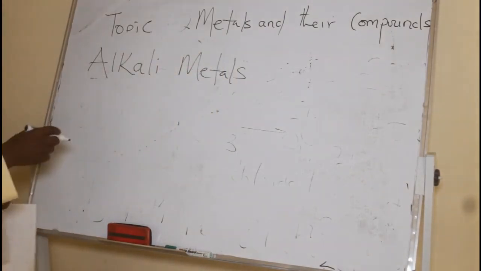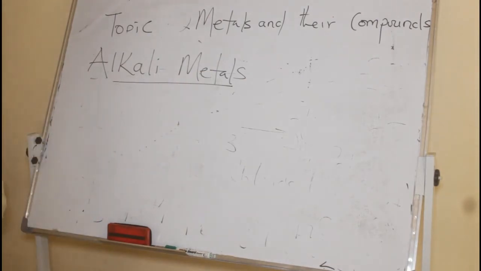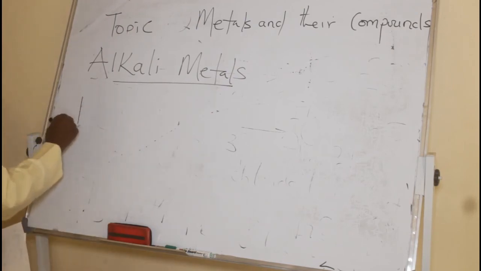Alkali metals. These are group 1 elements of metals. They are like this. This is number 1.